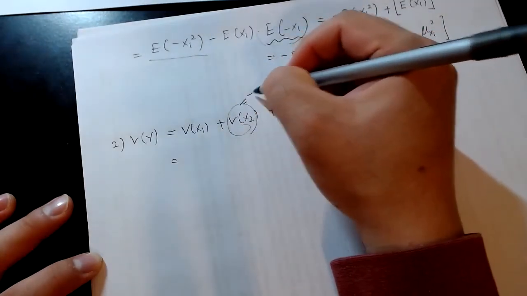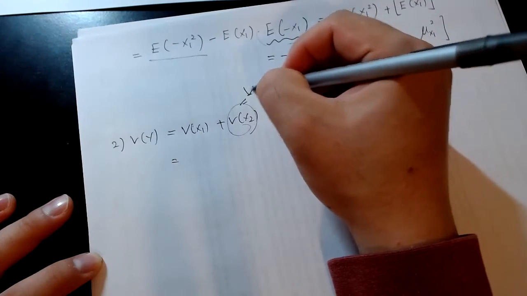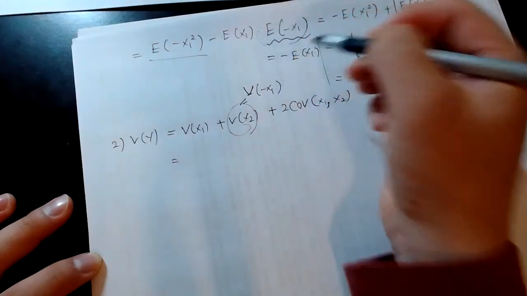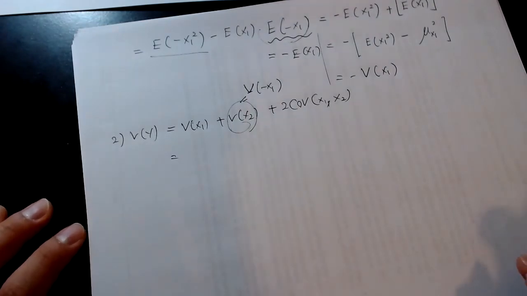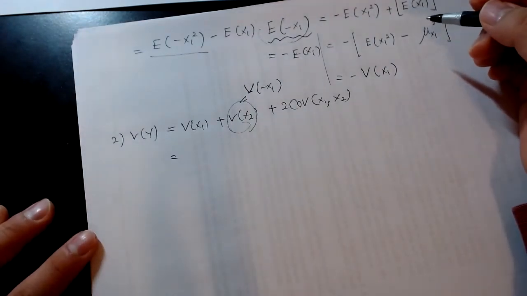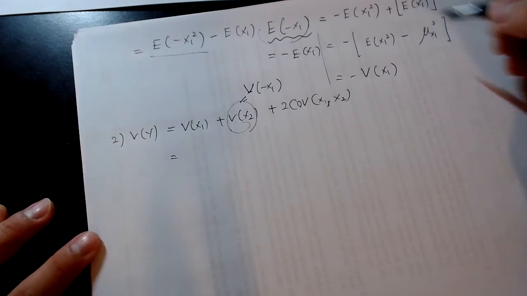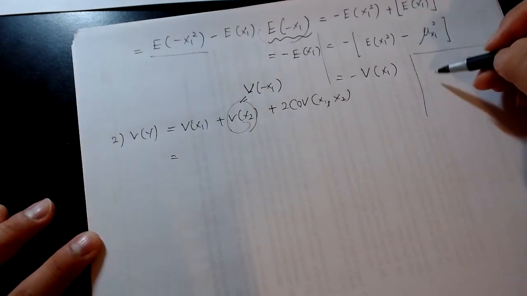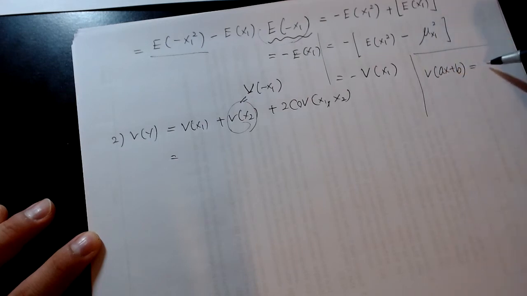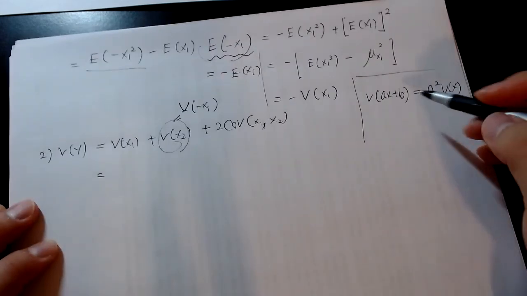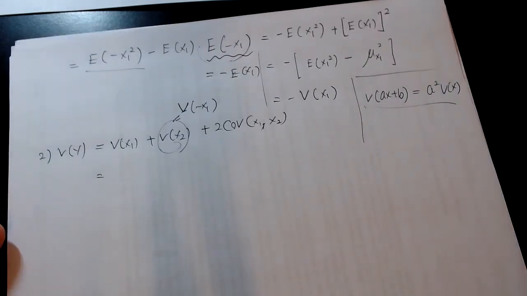That is equal to V of negative x1, right? But remember that the variance of ax plus b is a squared times variance of x, right? Remember that? We learned this one.